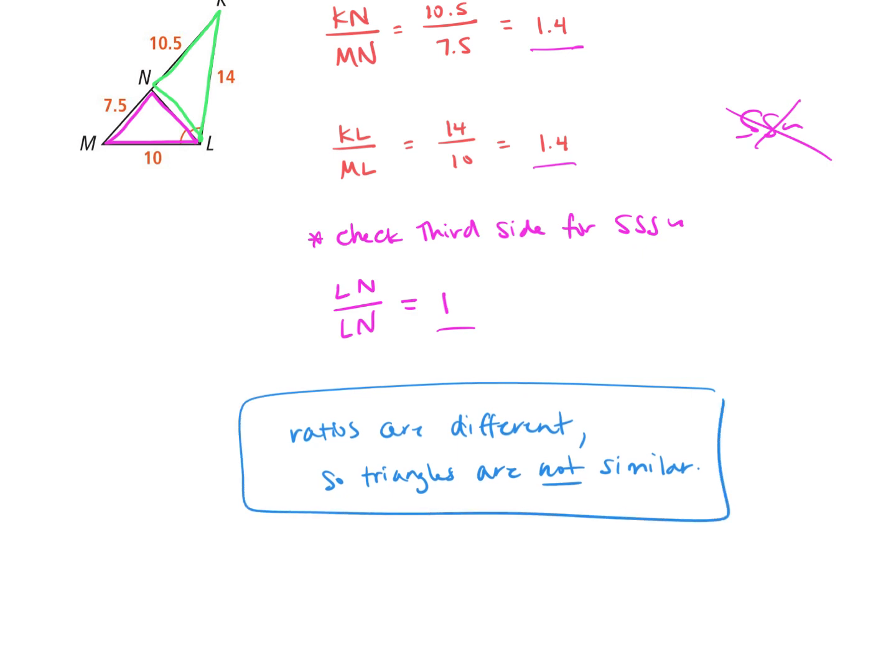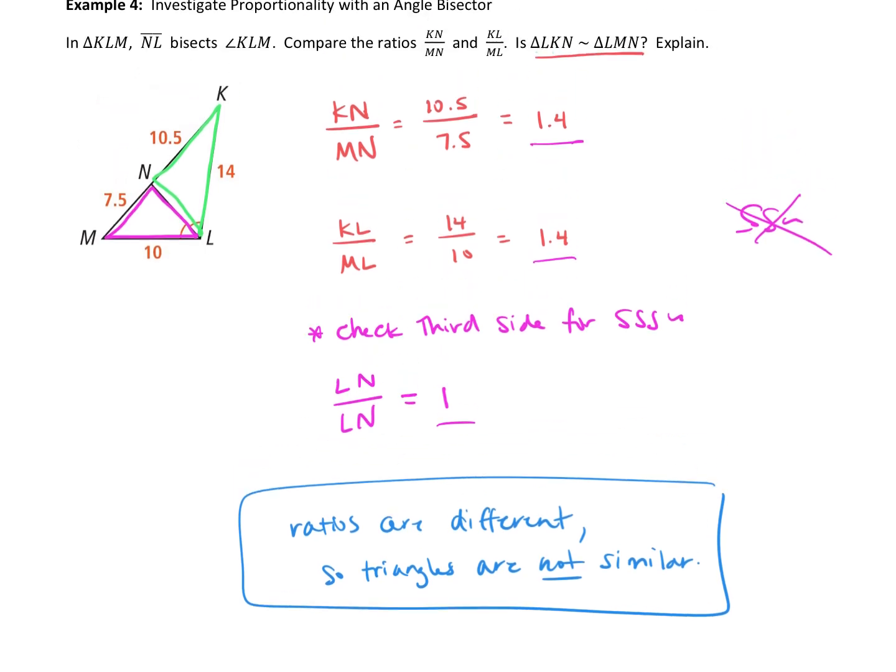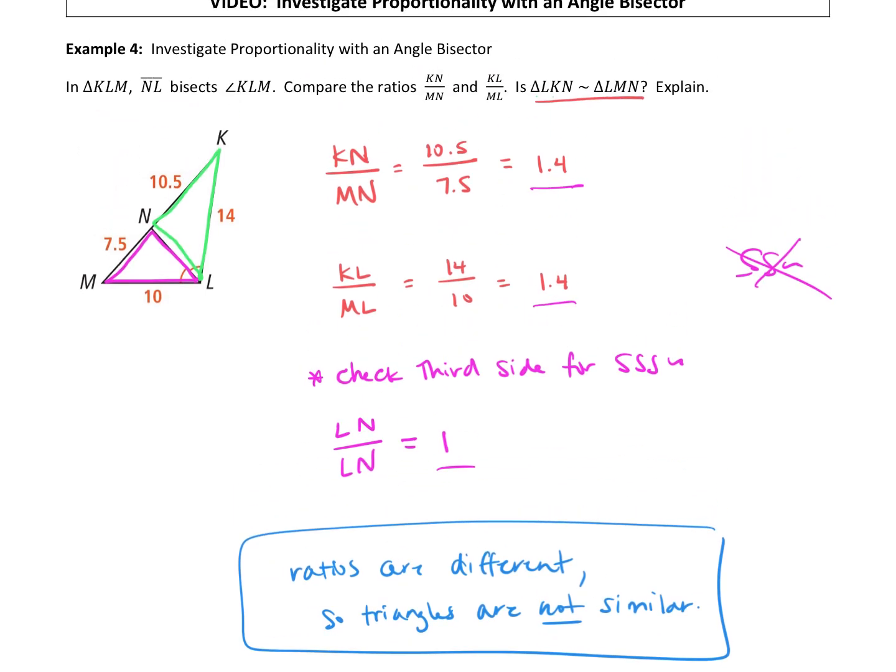Just to recap, when you have an angle bisector, you will have some proportional sides. We had two sides that were proportional, but you won't get that third side to be proportional, so this does not give us similar triangles, but it does give us some of the same proportions.